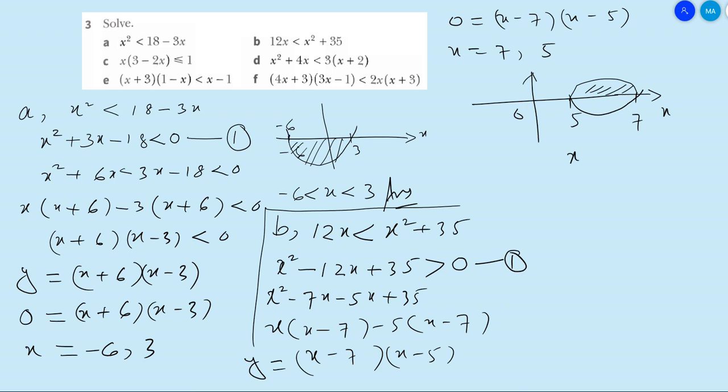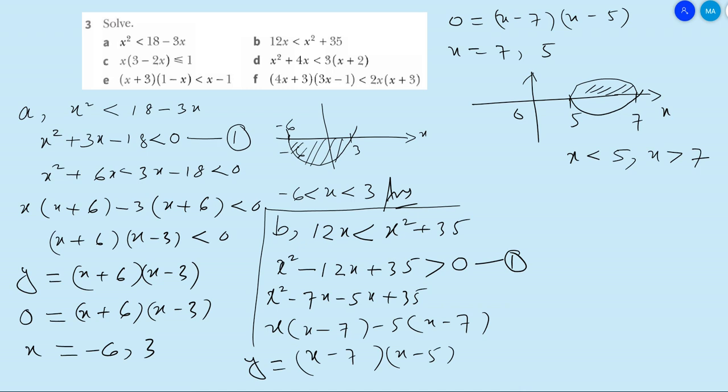Now, this is x is 5 and this is 7. So x is less than 5 and x is greater than 7 is our answer. But how?